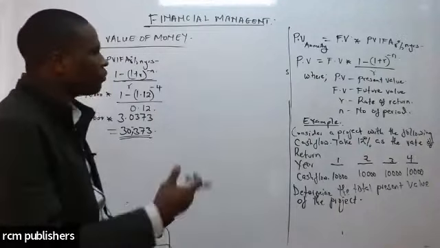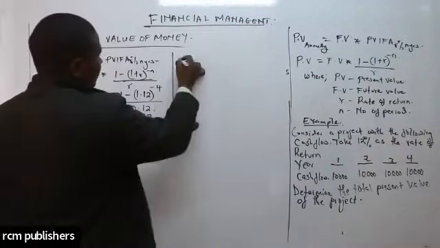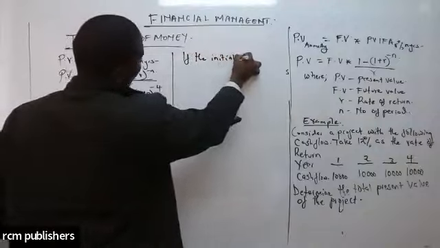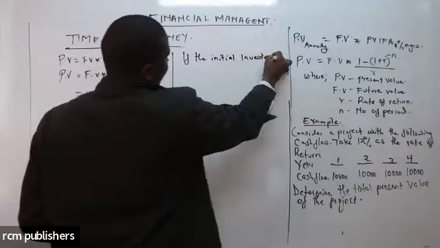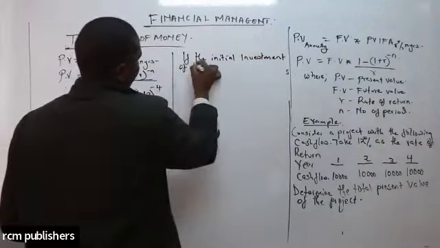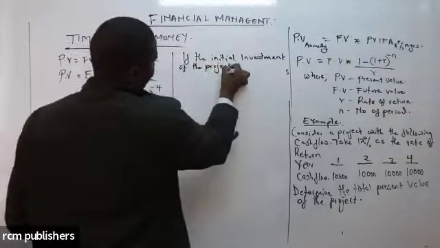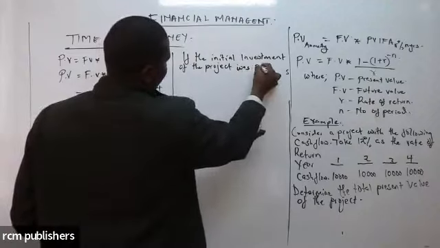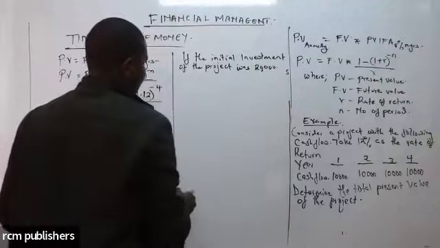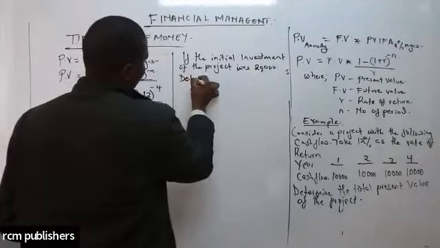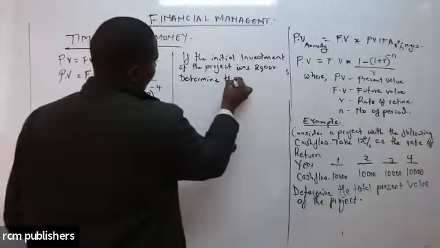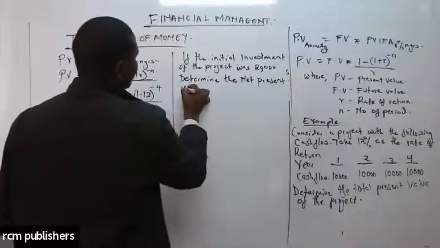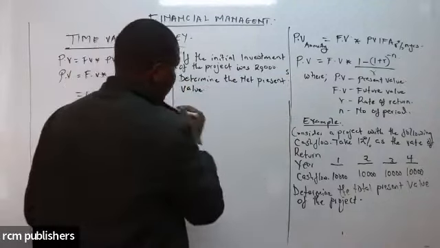Maybe if the examiner proceeds and tells you that the initial outlay, or the initial investment of the project, was 20,000, determine the net present value, NPV.